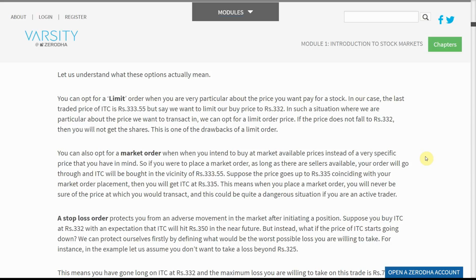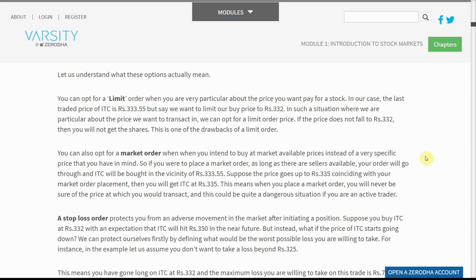You can also opt for a market order when you intend to buy at market available prices instead of a very specific price that you have in mind. So if you were to place a market order, as long as there are sellers available, your order will go through and ITC will be bought in the vicinity of 333 rupees and 55 paise.